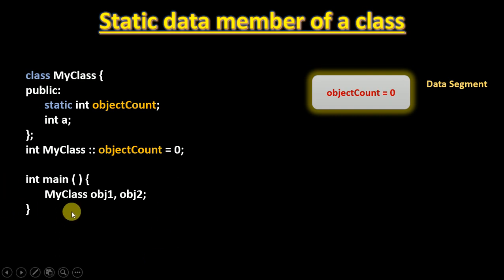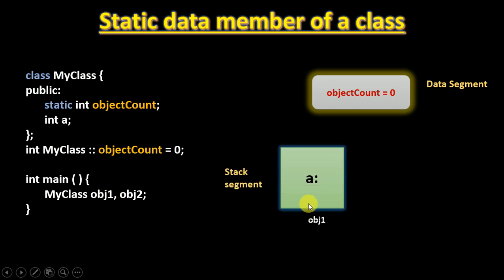Now in main, I'm creating object 1 and object 2. Where am I creating them? Inside a function, which means stack memory. So in the stack segment, first obj1 gets created, and it has a non-static data member a, and it is referring to object_count. It is sharing this object_count static data member.